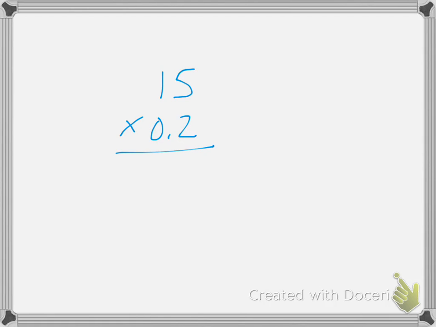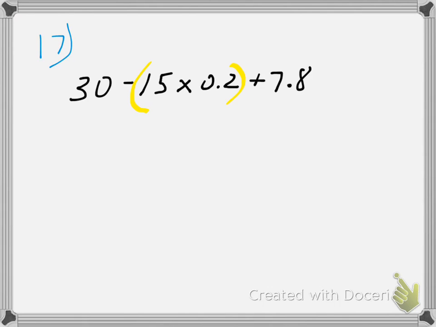So we can see, first of all, 15 times 2 is 30, and we have one place above, so we need one place below. And the decimal point always goes at the end after the ones place, and we're going to move it the same number of places, and we get 3.0, which is the same as 3. So this right here will become a 3. Everything else will just come down.